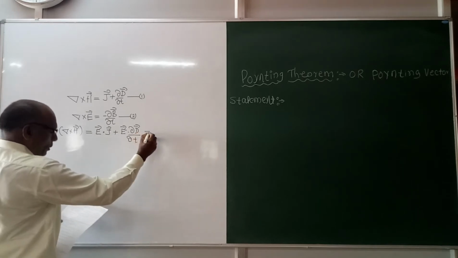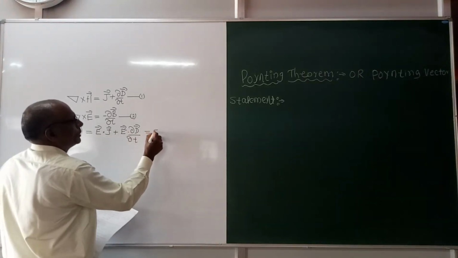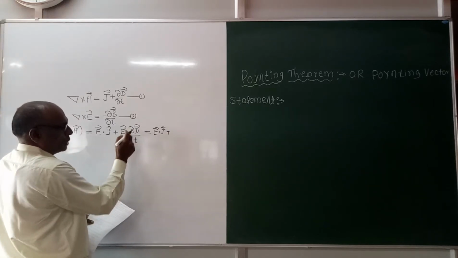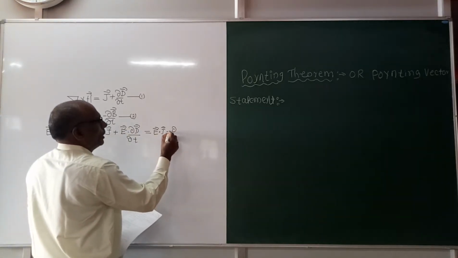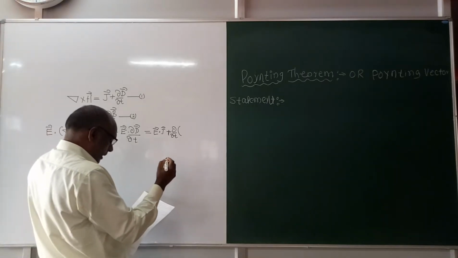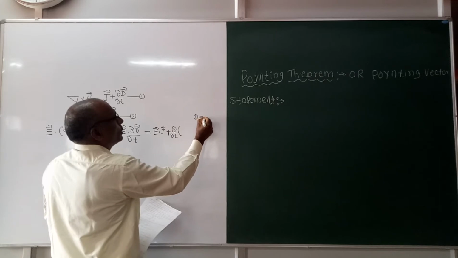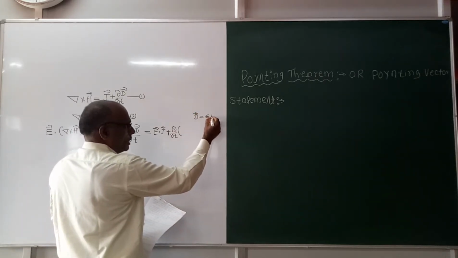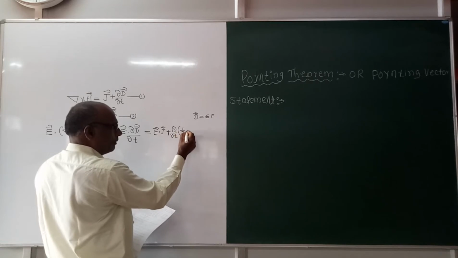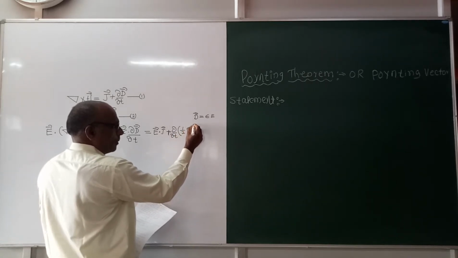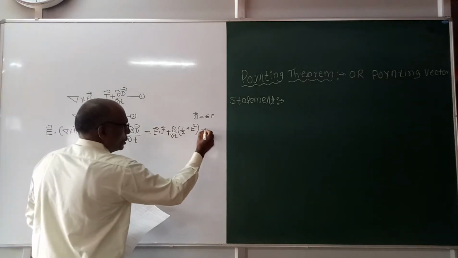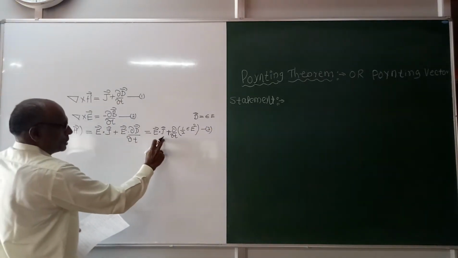This I can write as E dot J plus, taking the partial derivative outside, dou by dou t of D. I know this D is equal to epsilon naught E, and here I will write this as half epsilon E square to make it mathematically simplified. I will call this equation number 3.